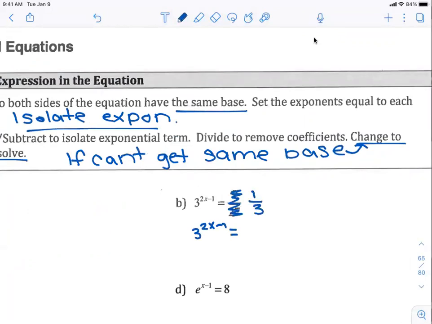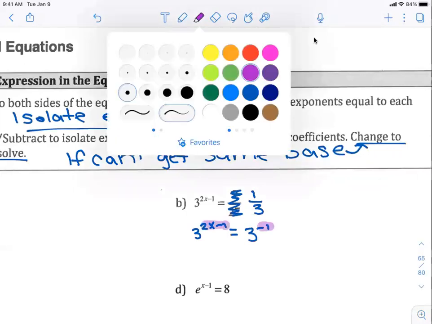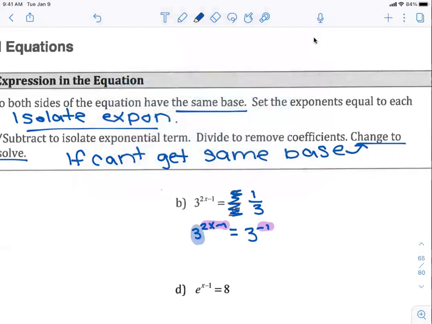So let's just change that to 1/3. Now, because the 3 is on the bottom, that's like saying 3 to the -1st. So once again, I got them to be the same base. And whenever they are both base 3, you can set the exponents equal to each other. So we've got 2x minus 1 equals -1. Add 1, 2x is equal to 0. Divide by 2, x is 0. Done.